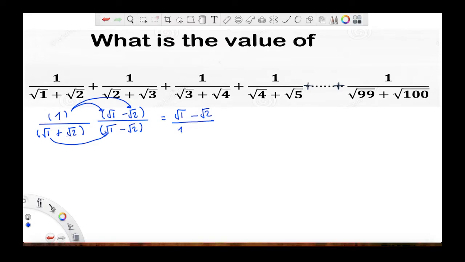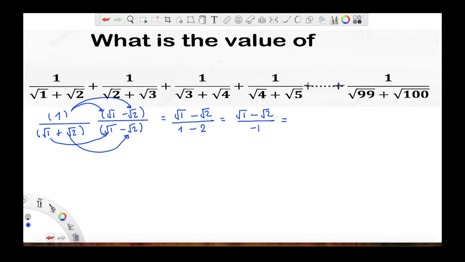And we have plus root 2 times minus root 2. This will give us minus 2. Okay, because root 2 times root 2 is root 4. Root 4 is the same as 2. So if we simplify this, we are going to have root 1 minus root 2 divided by 1 minus 2, which is minus 1.